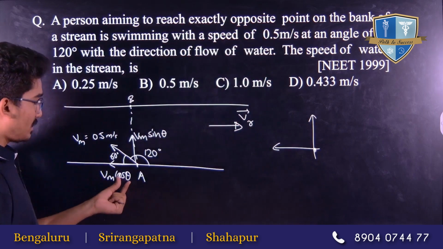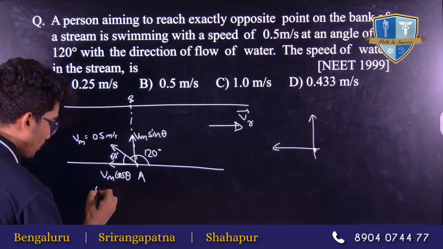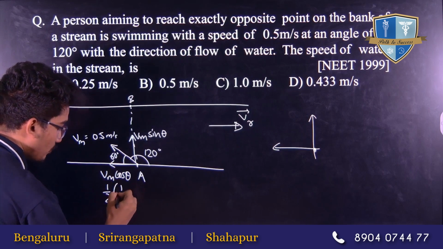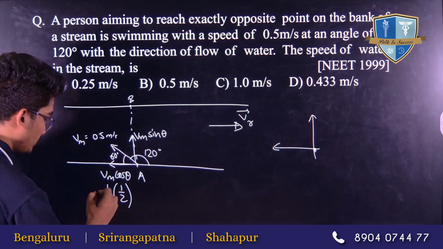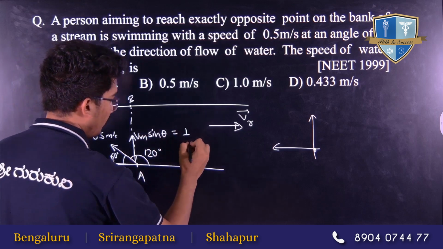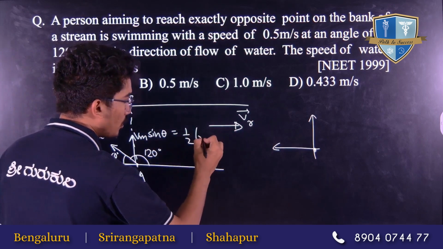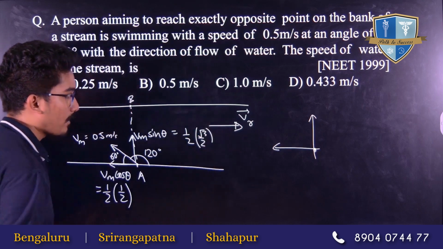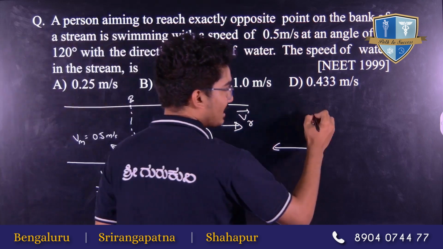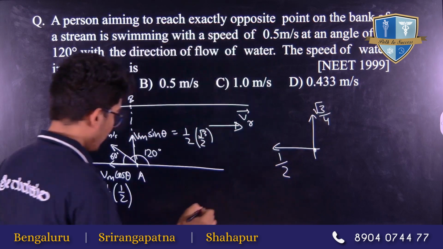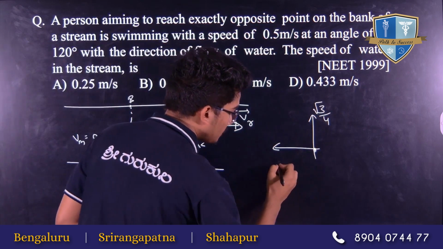So Vm cos theta, and cos 60, Vm is equals to 0.5, which is 1 by 2, and cos 60 is also 1 by 2. Correct? And this is Vm, 1 by 2, and sin 60. Sin 60 will be equals to root 3 by 2. Correct? So in this direction, the velocity is root 3 by 4. In this direction, the velocity is 1 by 2 into 1 by 2, which is 1 by 4.